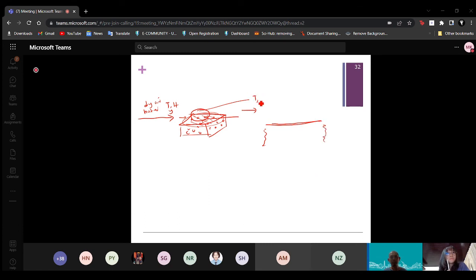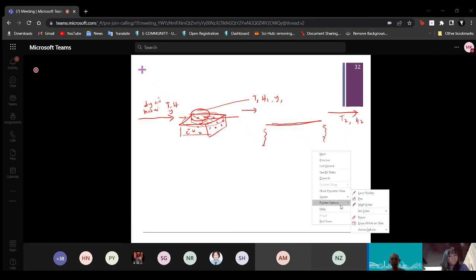T1, H1, Y1. Okay, dalam ni ada, mana dia keluar? Dia keluar ni mungkin T2, H2. And here you have moisture.